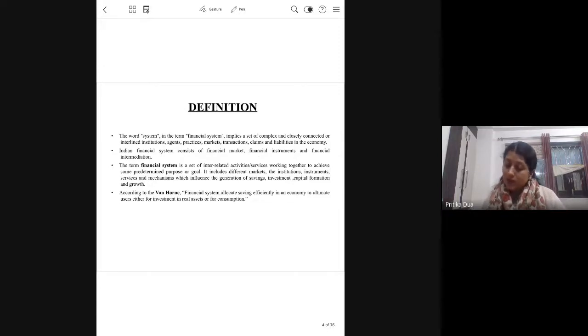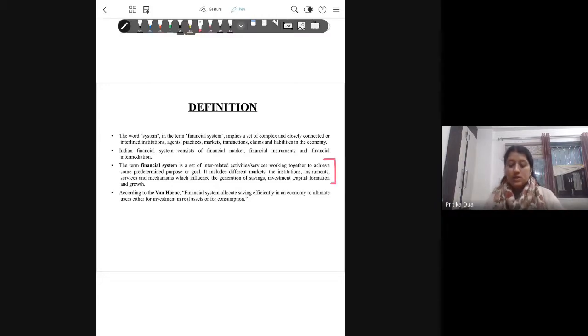It is a set of interrelated activities, services working together to achieve a predetermined goal. तो जो हम बोलते हैं कि savings become investment, investment leads to capital formation. That is the ultimate goal of the financial system.